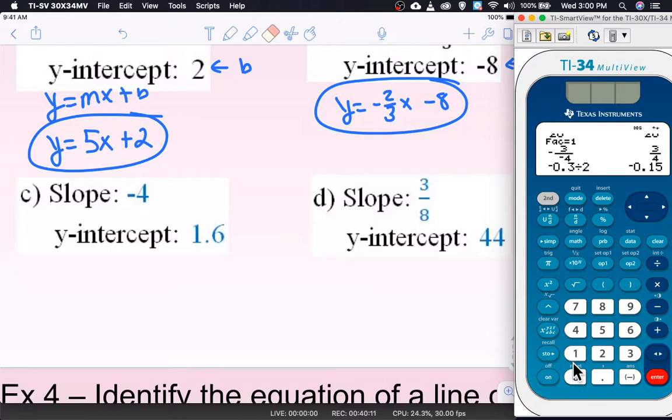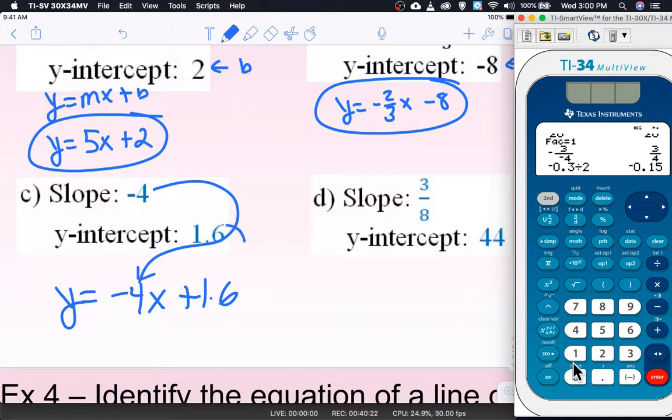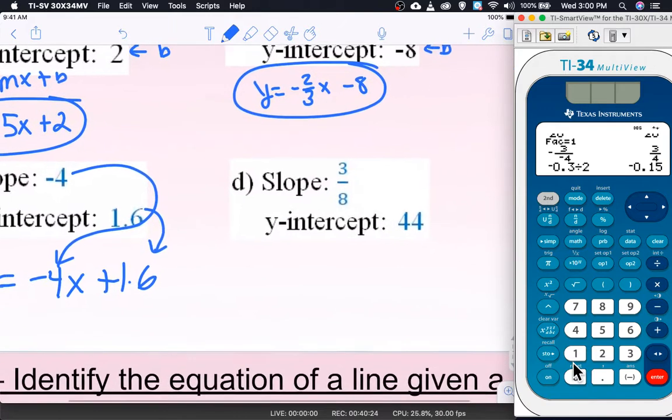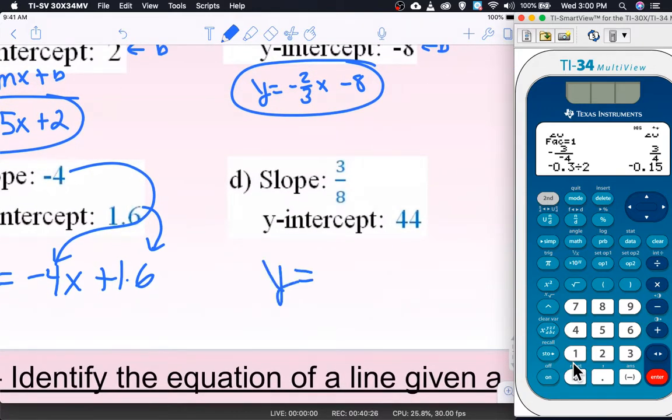All right, you should have found y equals negative 4x plus 1.6, slope in for slope, y-intercept in for y-intercept. Letter D, y equals 3/8 x plus 44, slope in for slope, y-intercept in for y-intercept, and we're done.